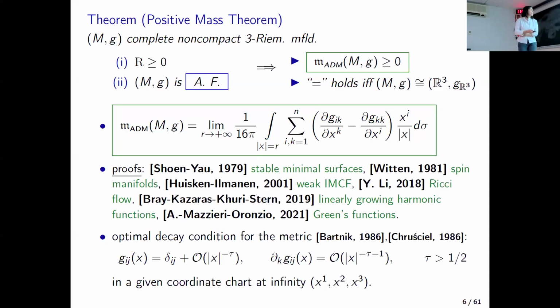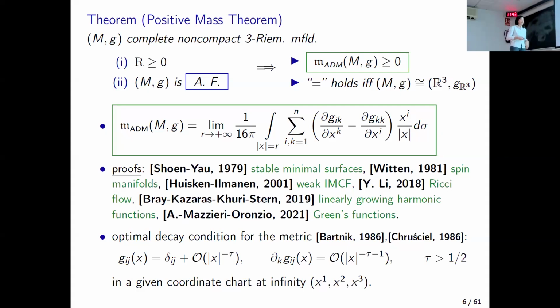Let me say that the hypotheses under which the theorem can be proved are optimal, in the sense that they are exactly the decay conditions under which the ADM mass is well defined and invariant. That means it does not depend on the coordinate chart at infinity, which are these asymptotics.